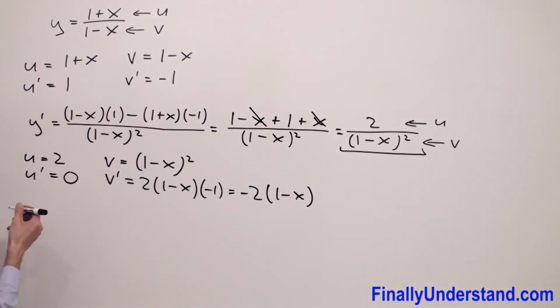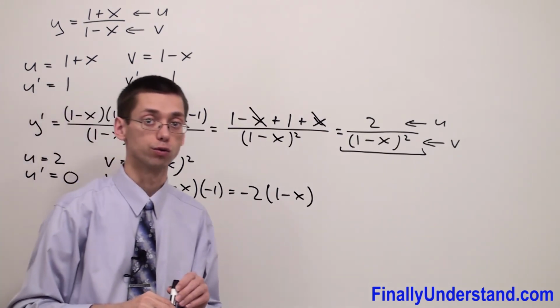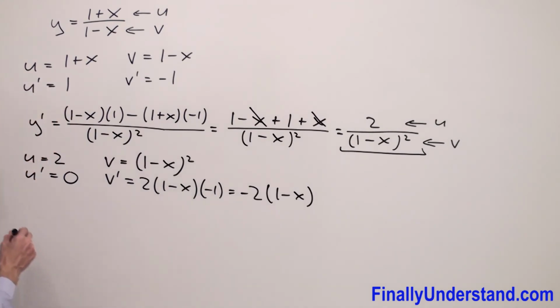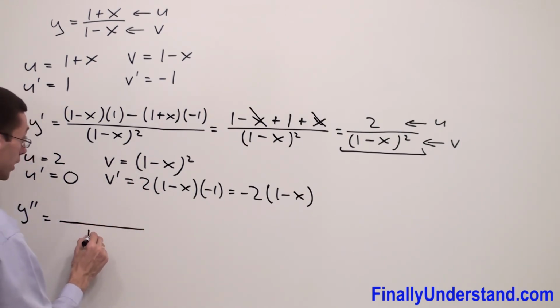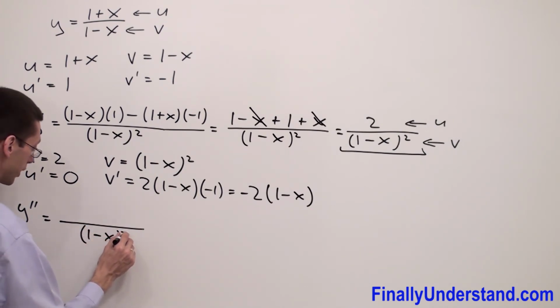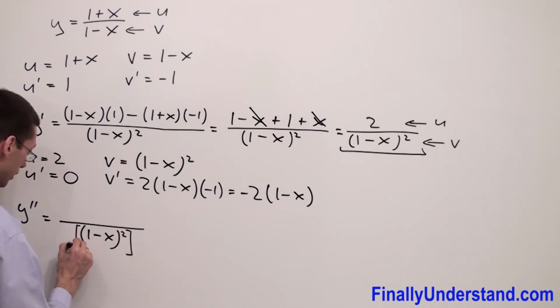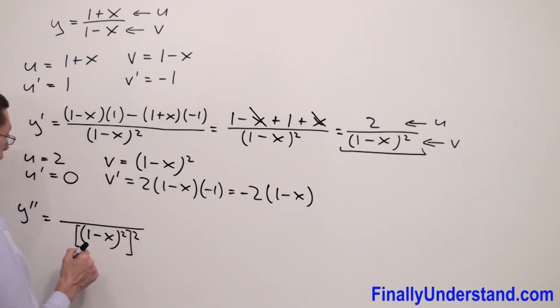Next, I'm supposed to use again the formula for the derivative of the quotient. So I have the second derivative is equal to, again, v squared in the denominator. v is 1 minus x to the second power, and we're supposed to raise this one more time to the second power.